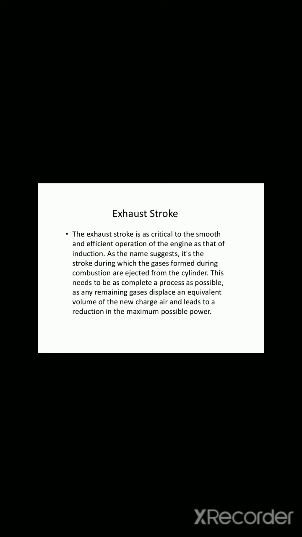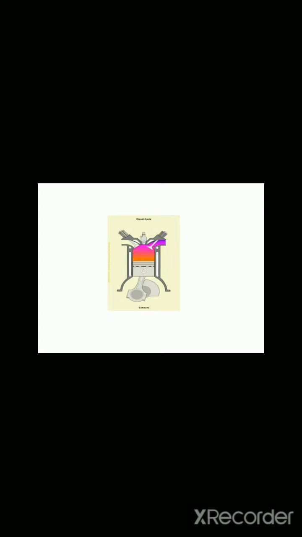Next is the exhaust stroke. The exhaust stroke is as critical to the smooth and efficient operation of the engine as that of induction. As the name suggests, it's the stroke during which the gases formed during combustion are ejected from the cylinder.